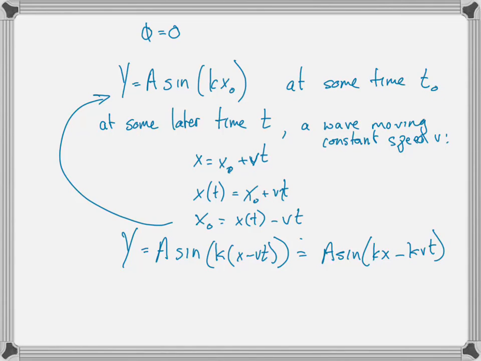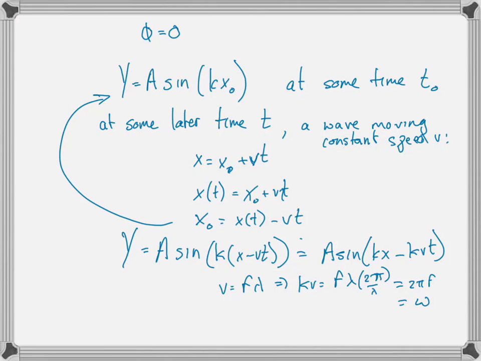kvt, and remember that v is equal to f lambda, and so therefore kv is equal to f lambda times k, which is 2 pi over lambda, and the lambdas cancel, so that's 2 pi f, which is, ta-da, omega.